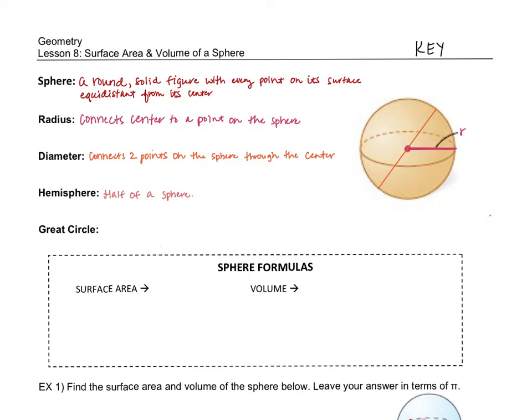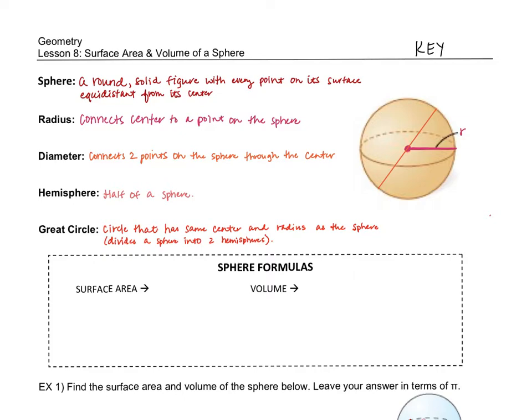So let's fill it in: it is a circle that has the same center and radius as the sphere, and it divides the sphere into 2 hemispheres. That's our great circle.